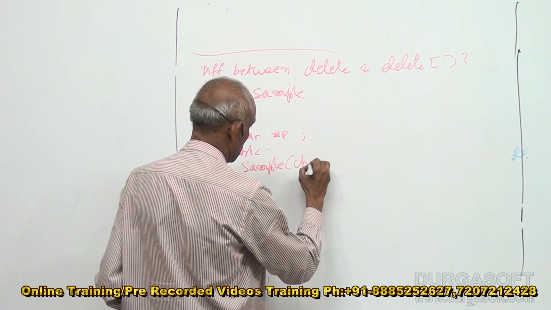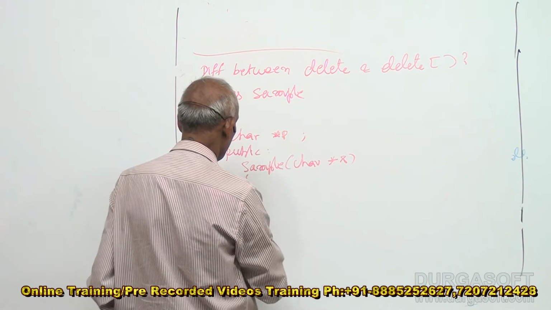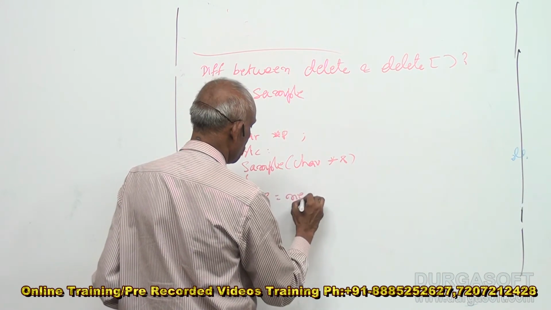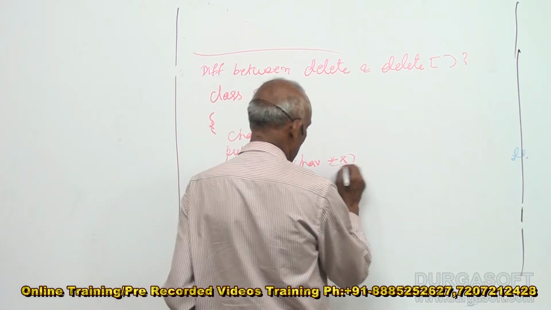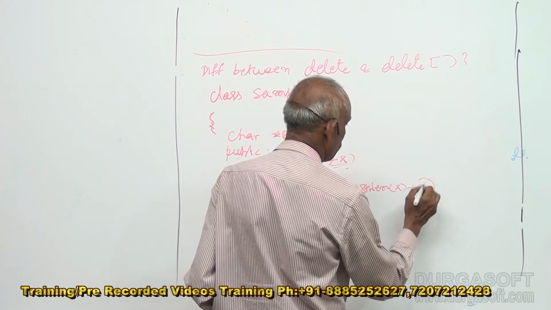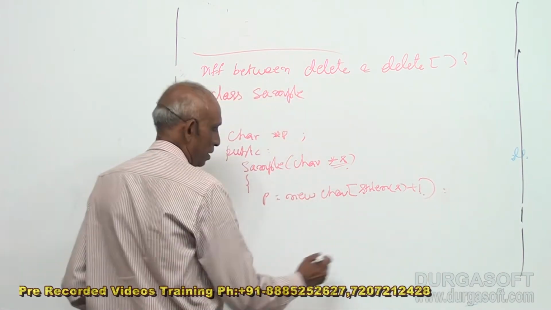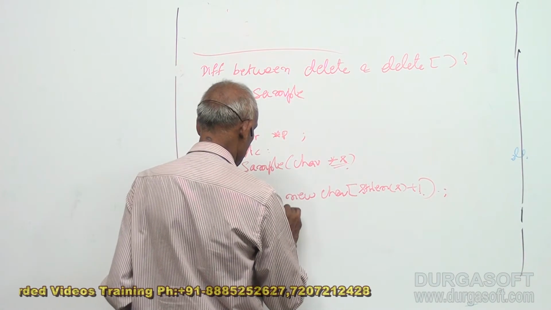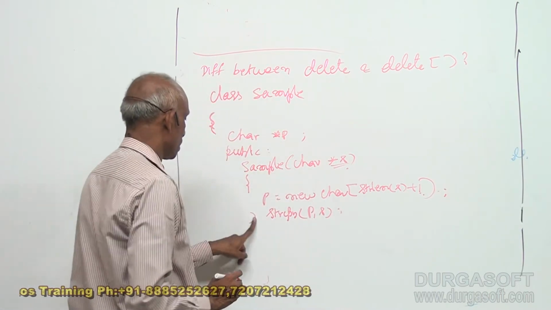It will take a string, character star S. First allocate memory for this. How much memory? Length of this string. So P is equal to new character array. The length is length of S plus 1 for null character. This is what the constructor does. Then copy this to this. So strcpy P comma S. This is what the constructor does.